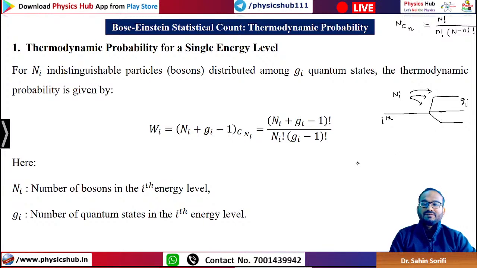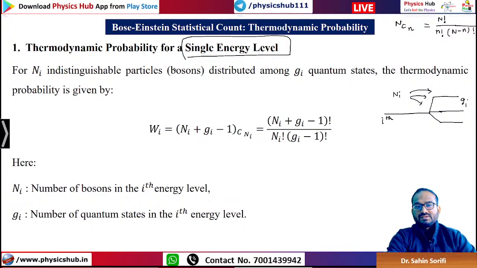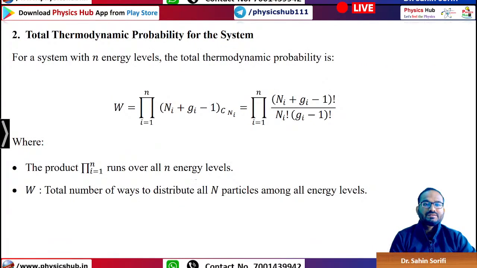Now if you consider a system, there may be other states as well, right? If instead of a single energy level there are multiple levels, so for a system there will exist multiple energy levels. In that case you have to just take the product.